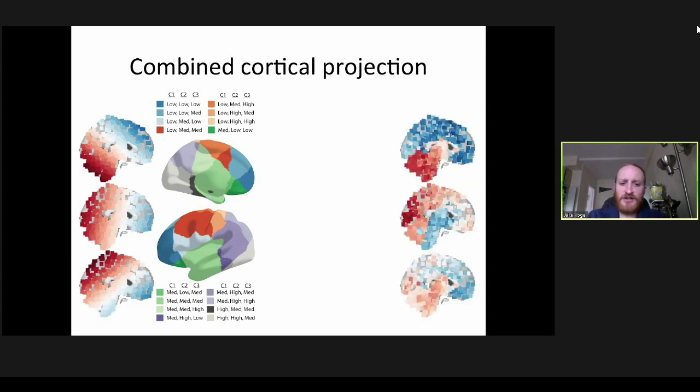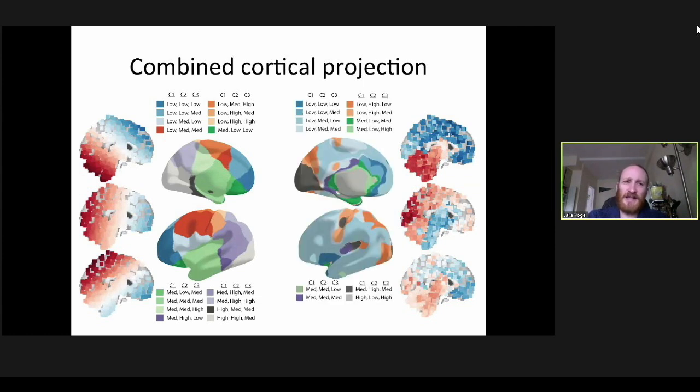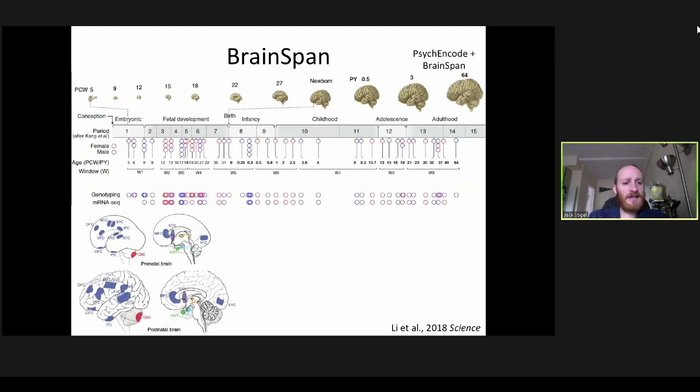And then we repeated this exercise with the genomic gradients. And this time the gradients defined more of a sensorifugal axis, where the primary sensory structures, which are here in dark gray, were differentiated from sensory structures, which are in orange, from heteromodal cortex in blue, and limbic structures in green.